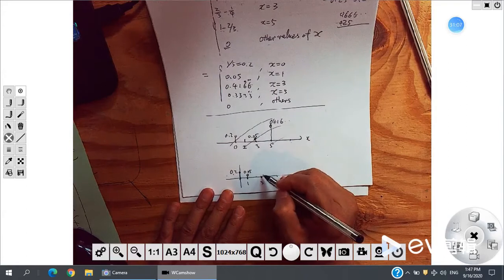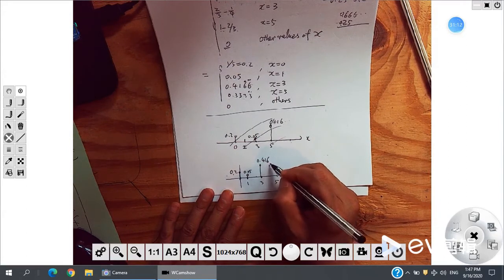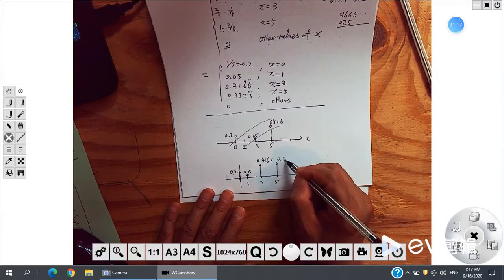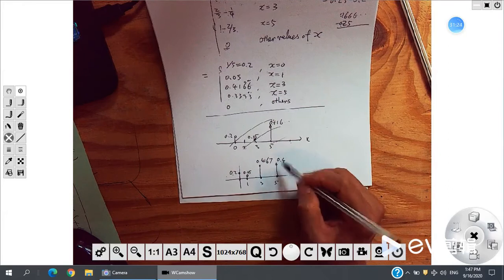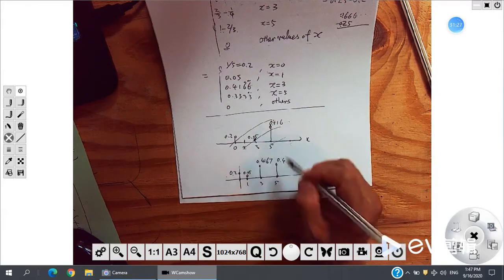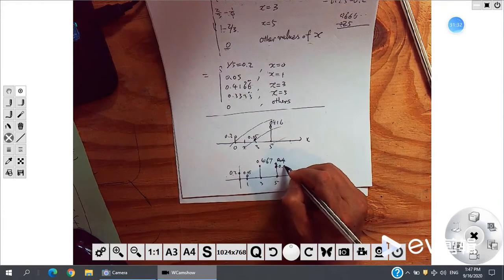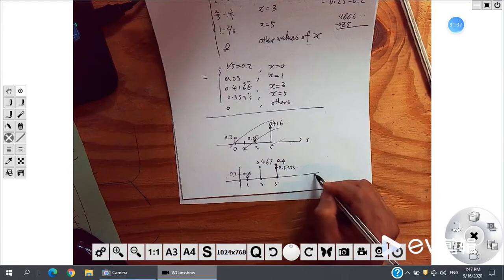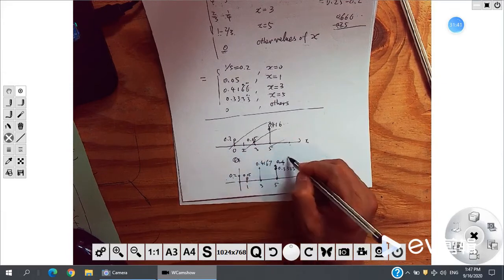Then when x is 3, it is 0.4167. When x is 5, it is 0.333. Yeah, a lot of 3s. This is x, this is CDF. This is the mass function.